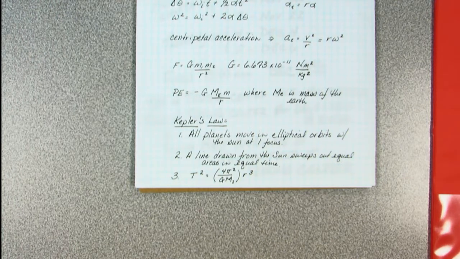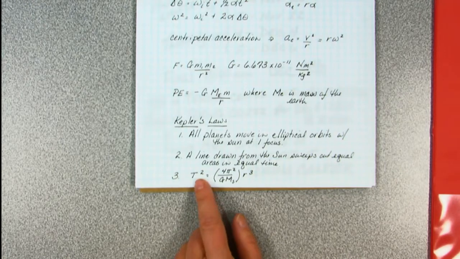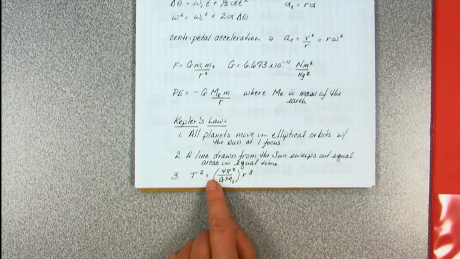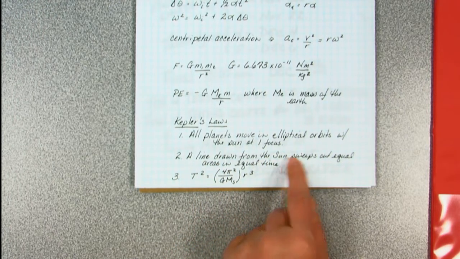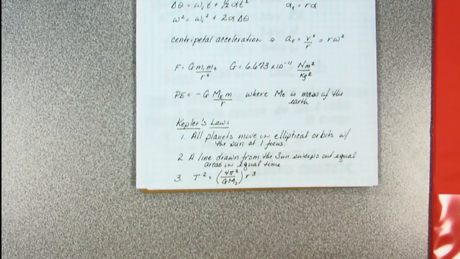Okay, we good? So where is it, equal areas? A line drawn from the sun sweeps out equal areas in equal time.